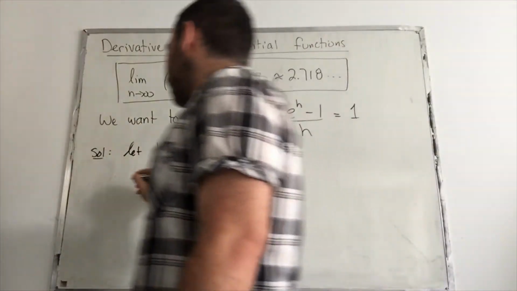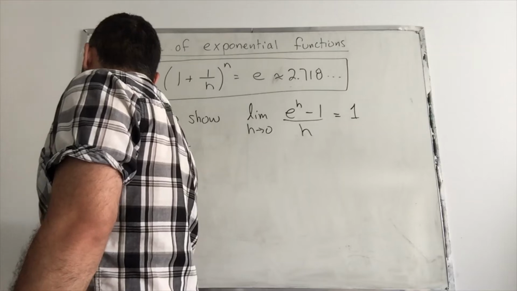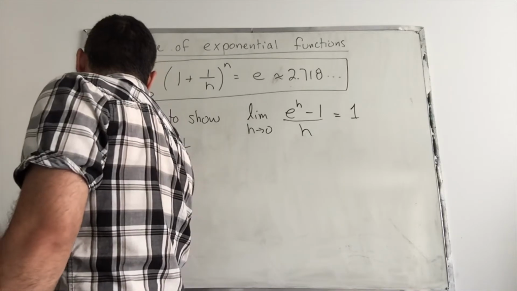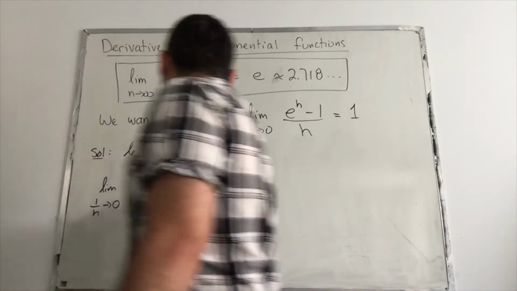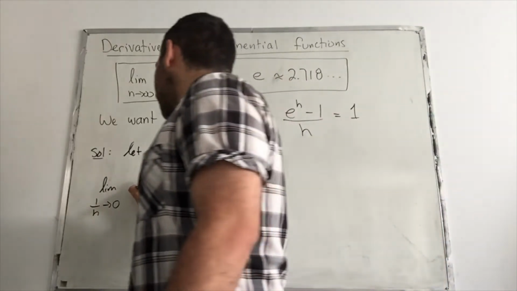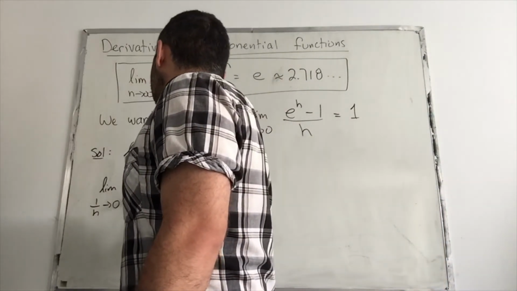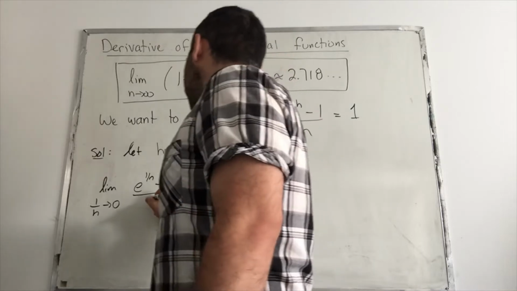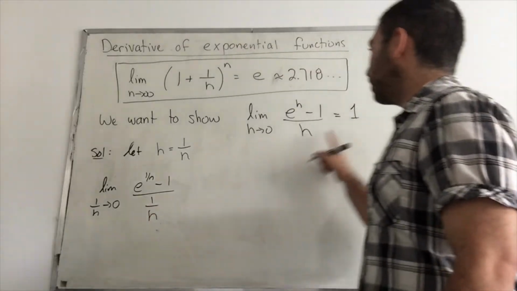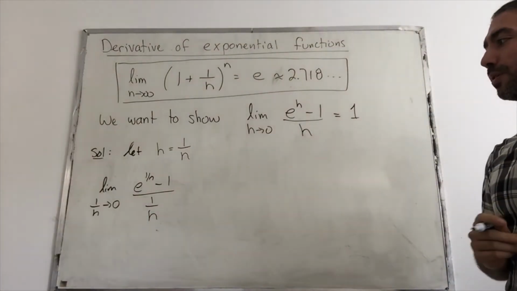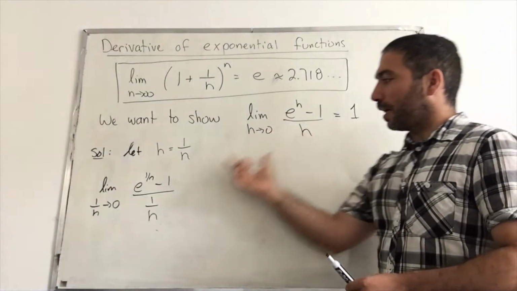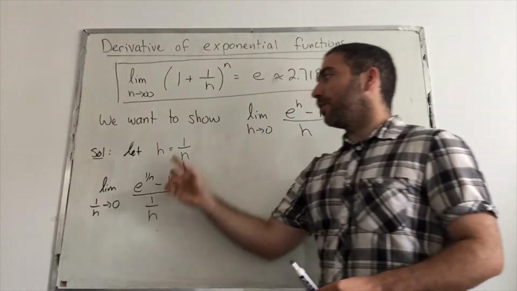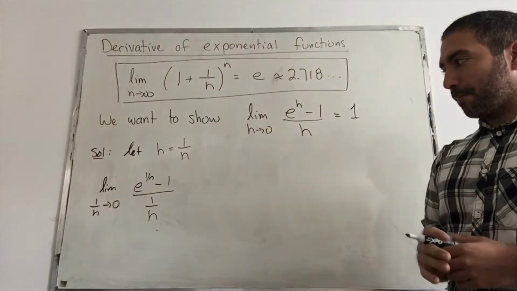What that gives us is the limit as 1 over n tends to 0 of e to the 1 over n minus 1, over 1 over n. We want to show that this thing here is equal to 1. We can't use this, we want to show this. So from this over here, we have this, using this substitution.